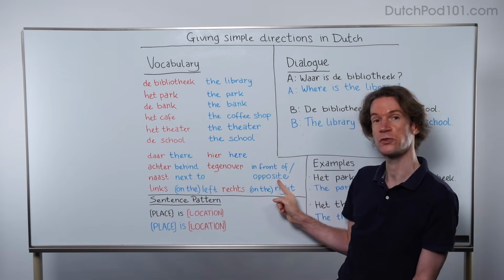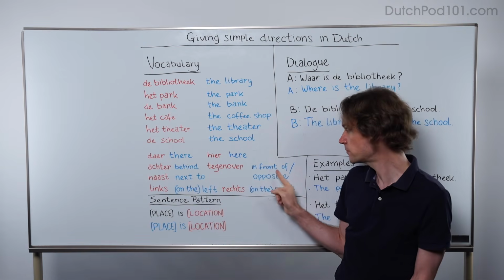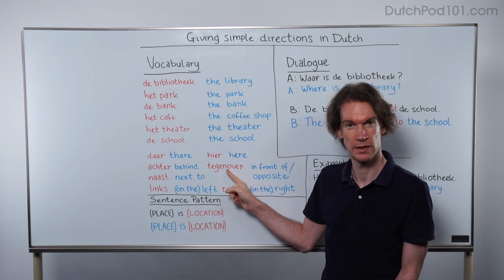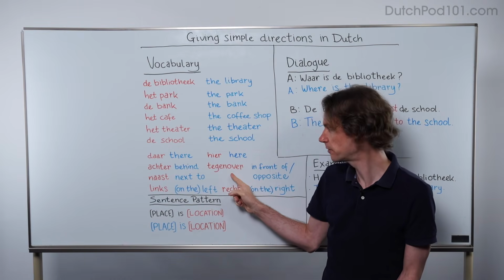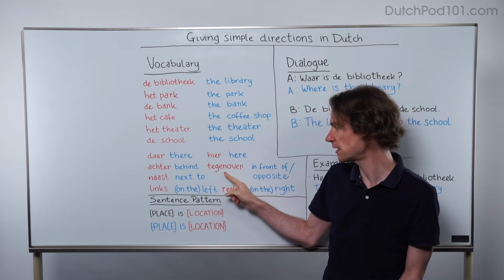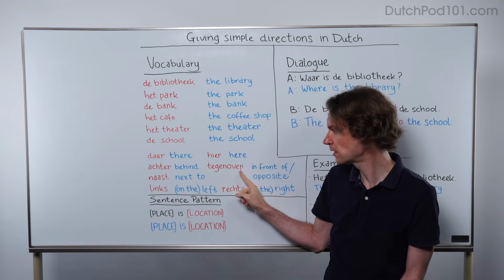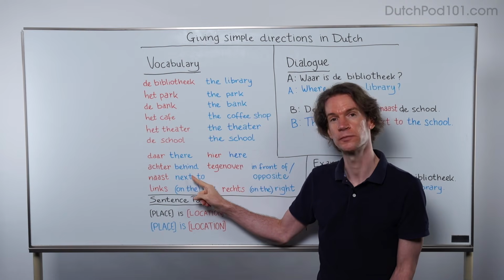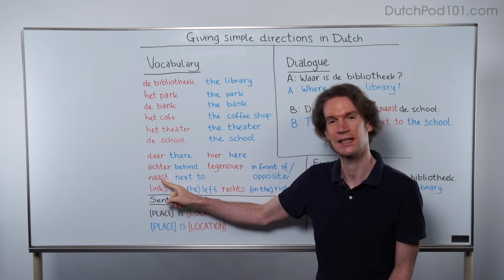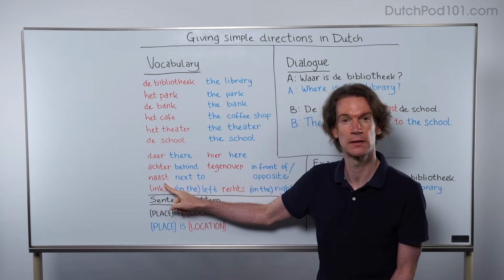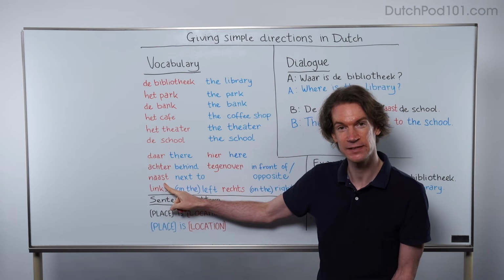And then opposite or in front of, same word in Dutch, tegenover. Then next to in Dutch becomes naast.